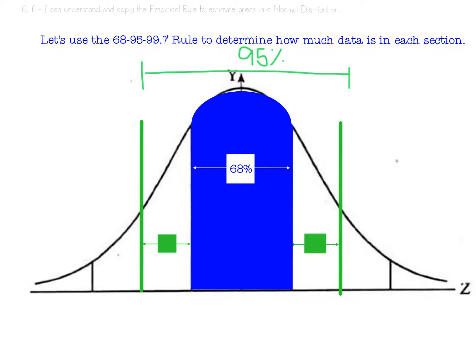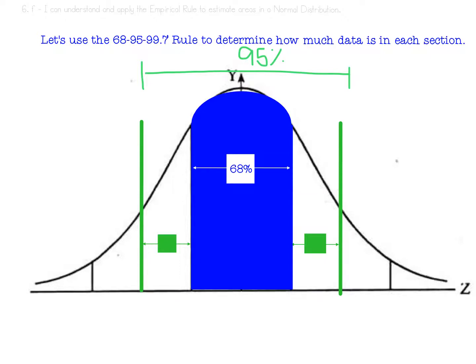Well, it's going to be 95%, the distance from -2 standard deviations to 2 standard deviations, minus the 68 that we already know exists. And then we'll divide that in half, and that'll tell us what is between -1 standard deviation and -2 standard deviations, and between 1 standard deviation and 2 standard deviations.